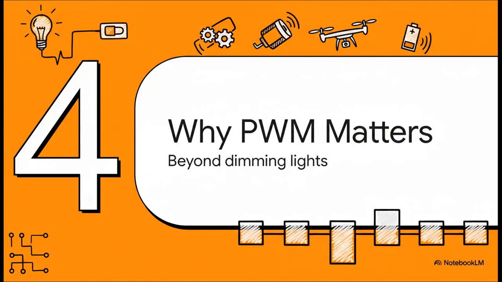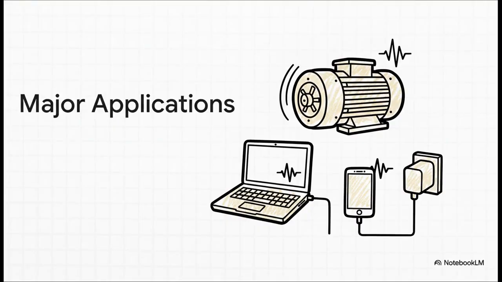Okay, so dimming an LED is a cool party trick, but why is PWM so incredibly important in modern electronics? Well, its uses go way, way beyond just making lights look pretty. I mean, that same exact principle we used for a tiny LED, it can be scaled up to control the speed of a massive industrial motor with incredible precision.